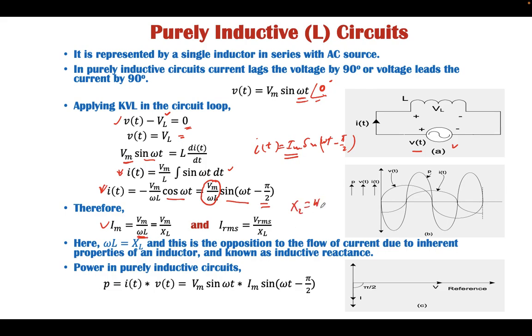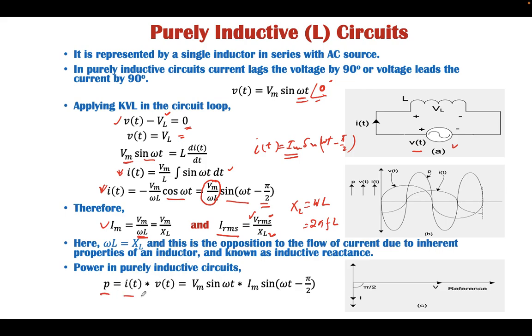XL is equal to omega L, and omega is 2 pi f, so XL is 2 pi f L. Since we know the RMS value of the voltage is Vrms, if we take RMS values of the current and voltage, then Irms is equal to Vrms upon XL. Now omega L is equal to XL, as we have already considered.